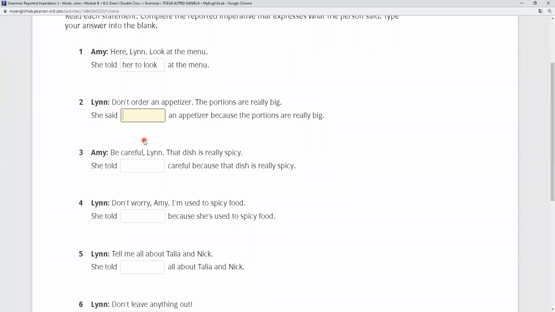And she said not to order an appetizer because the portions are really big. Be careful, the dish is really spicy.